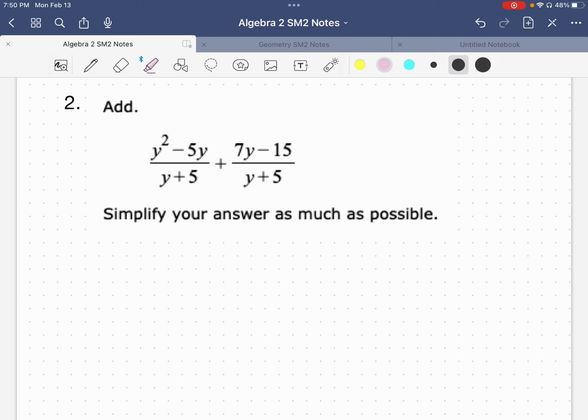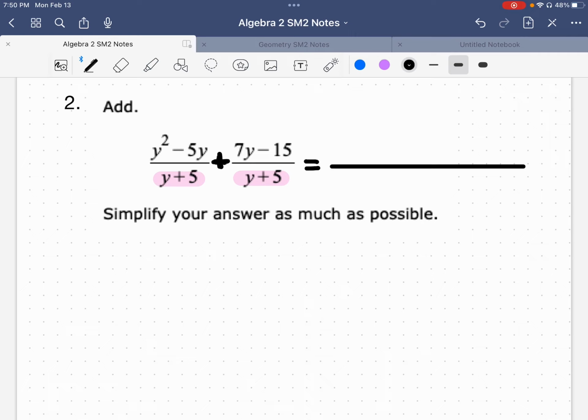Now remember, for this lesson, you need to make sure, just check with your eyes, I'm using my highlighter to check, that both of my denominators are the same. If both of my denominators are the same, then I can go ahead and make one fraction by either adding or subtracting my numerators.